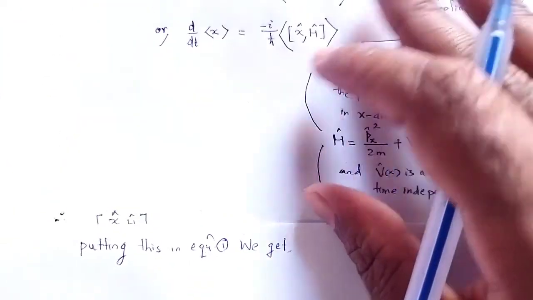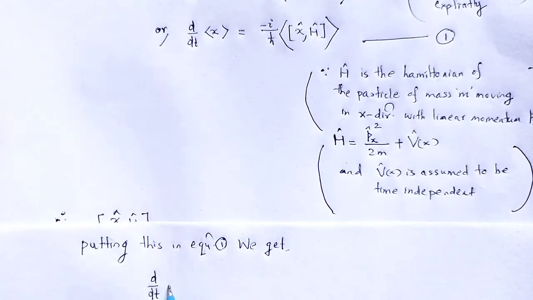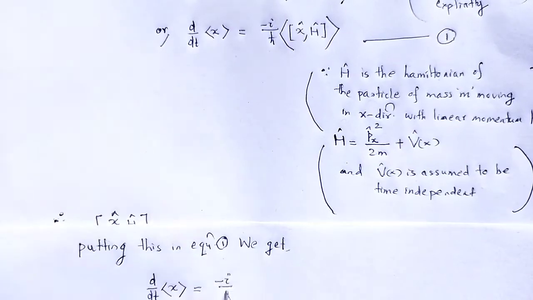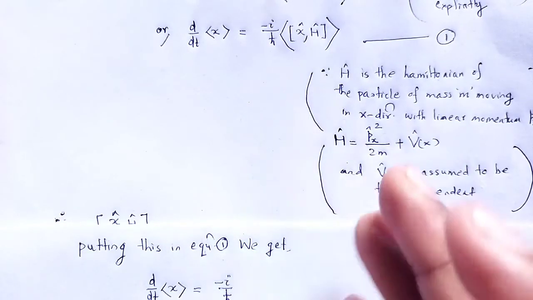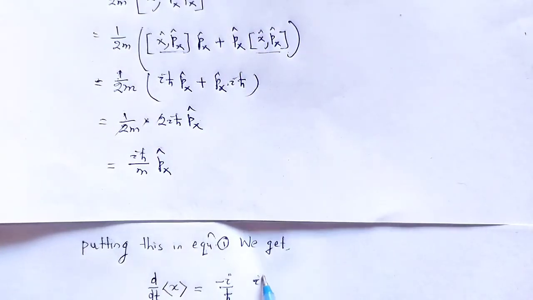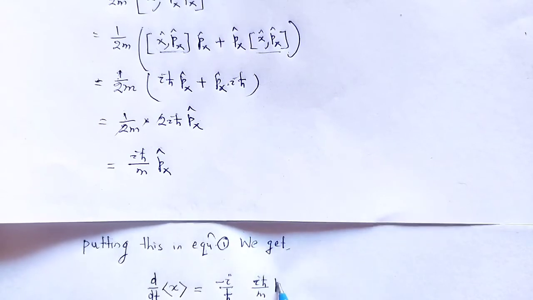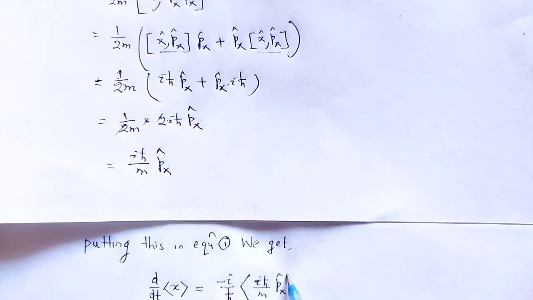d by dt of the expectation of x, that means minus i by ħ times the expectation of the commutator of x cap and H cap, that will be i ħ by m Px cap expectation.